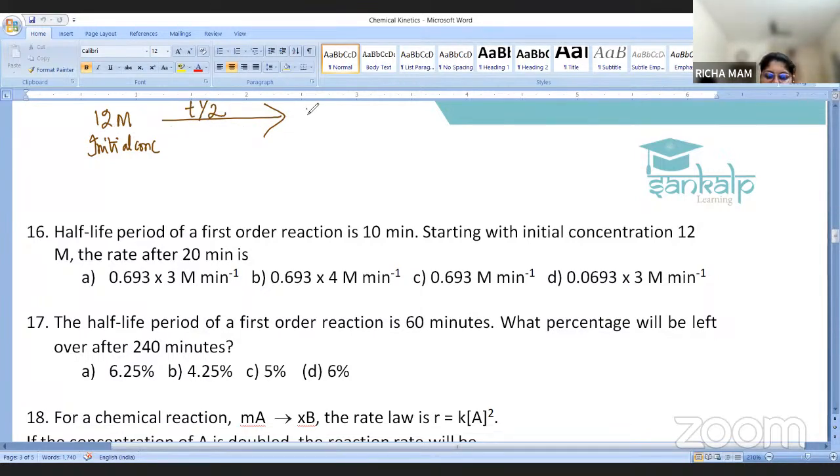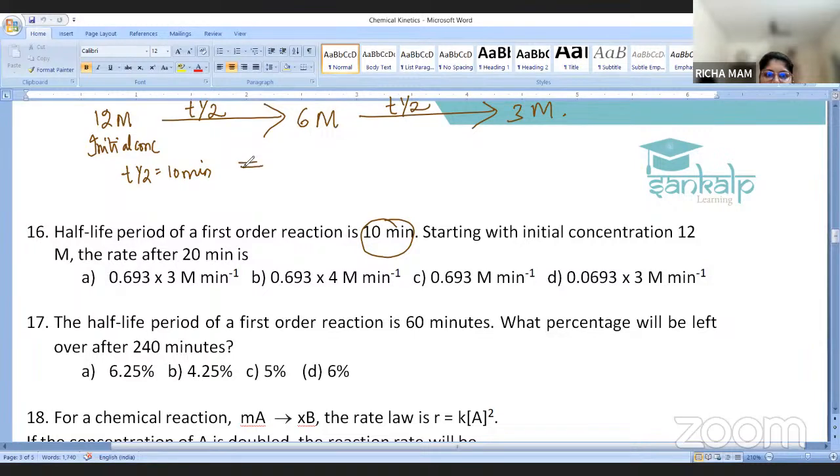What is half of 12? It will be 6 molar. Again, after another half time, what is half of 6? It will be 3 molar. So T half is how much? T half is given as 10 minutes.